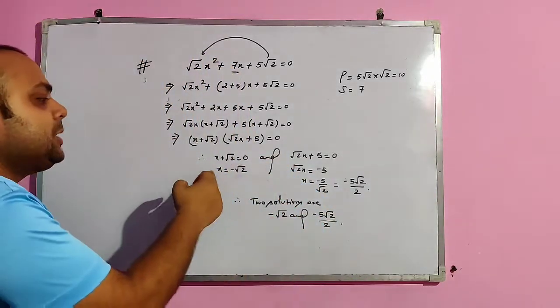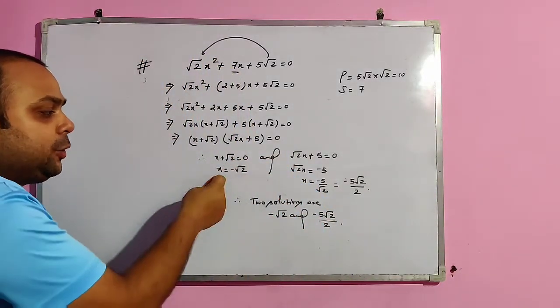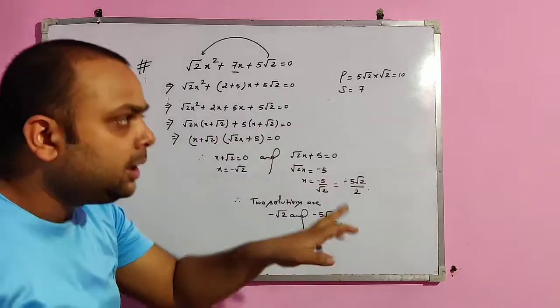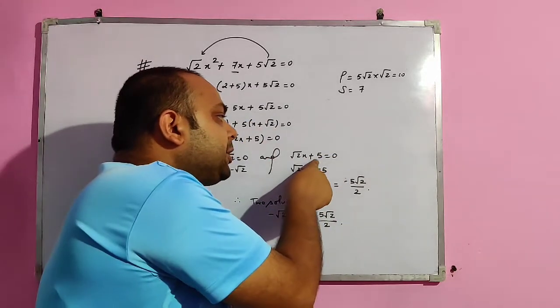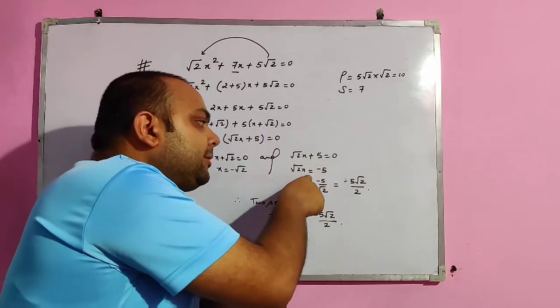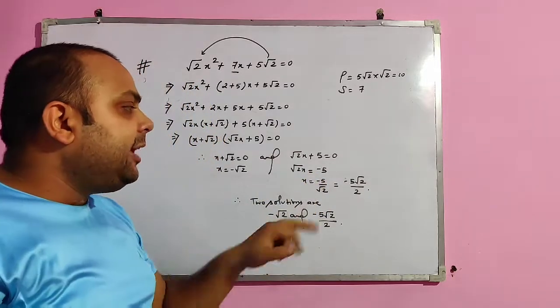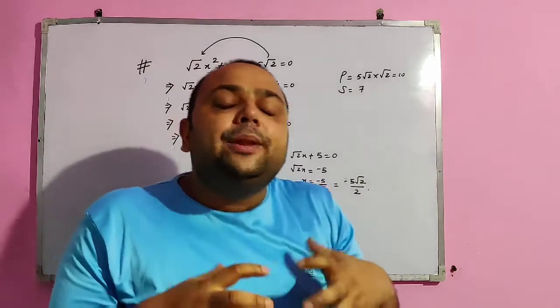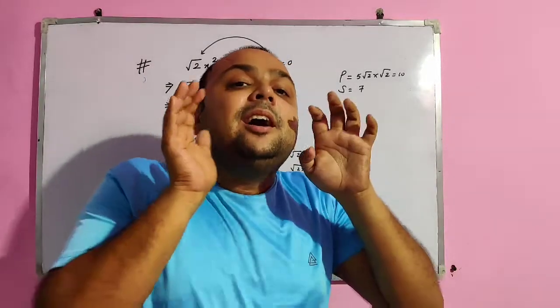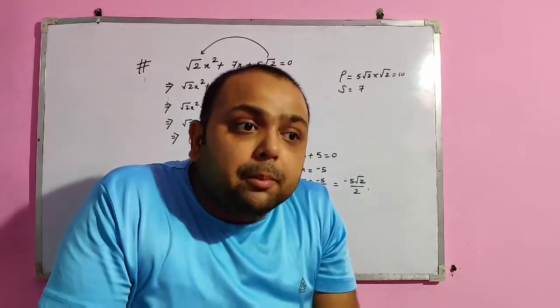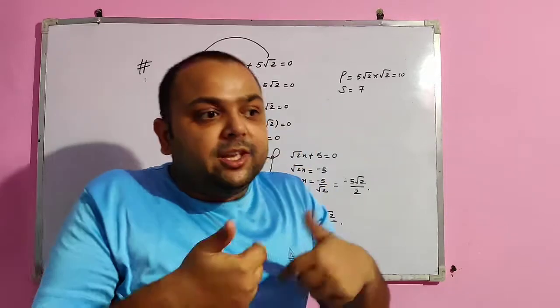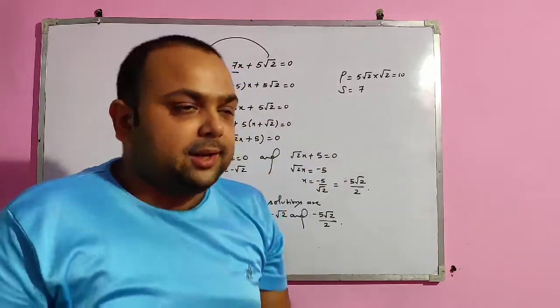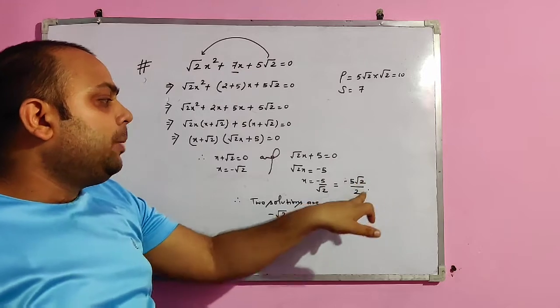So we get two values, x plus root 2 equal to 0 and x equal to minus root 2. Here also root 2x plus 5 equal to 0, root 2x equal to minus 5. So we get the value x equal to minus 5 by root 2. Since the denominator contains the irrational number, what we are trying to do here is rationalizing the denominator. So we get minus 5 root 2 by 2.